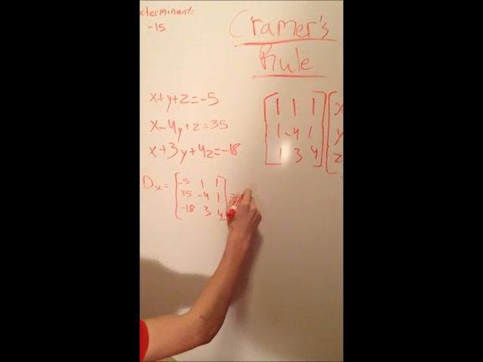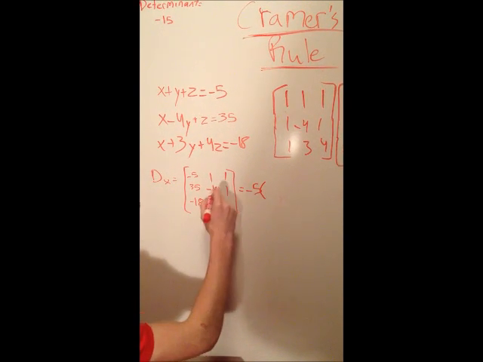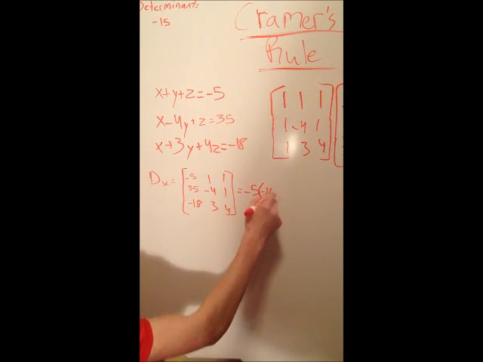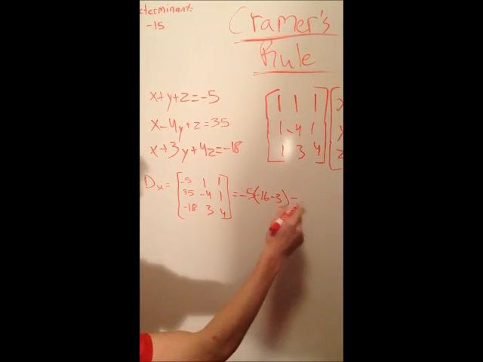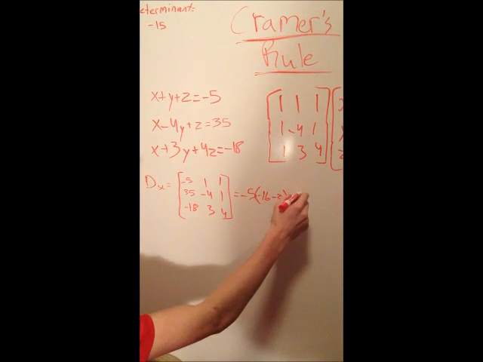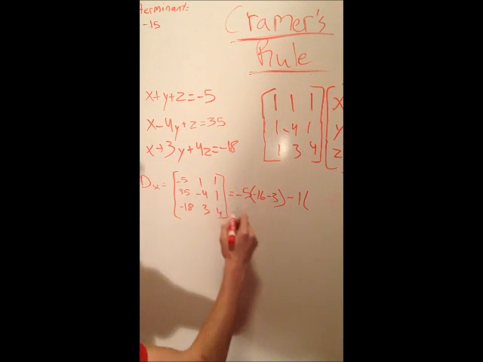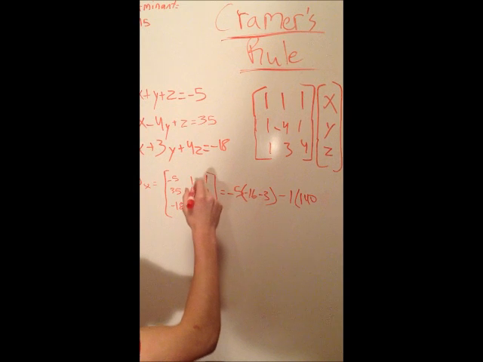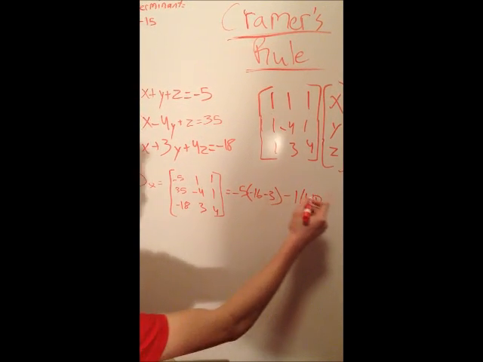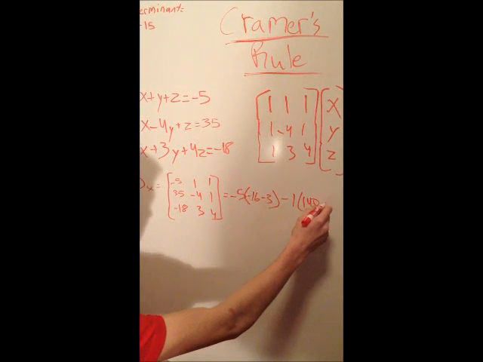So we're going to get -5 times -4 times 4 equals -16 minus 3. And then we're going to get minus 1 times 35 times 4 equals 140 minus, we're going to get 1 times -18, which is minus -18, which is plus 18.